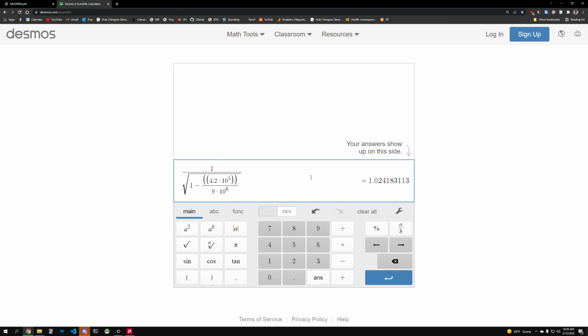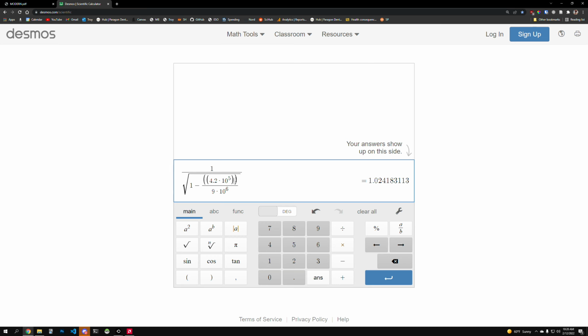So our gamma factor is actually 1.024183. Yeah, I'm just double checking to make sure. No, it's not. This value has to be squared. Why is it saying it's undefined? Let's see. So this value needs to be squared.